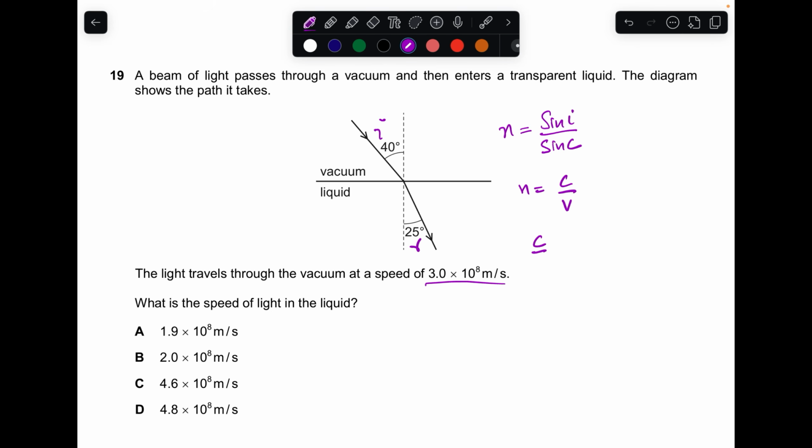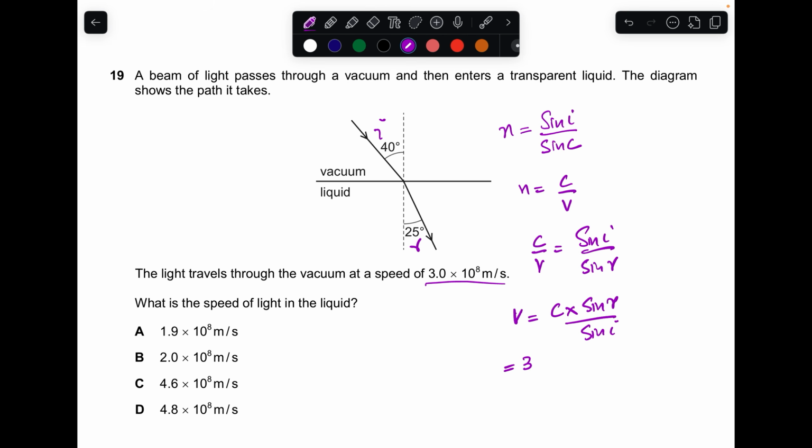So you can write c by v is equal to sine i over sine r. What do we have to find? We have to find v. So v can be written as this thing will go there, this will go there. You are cross multiplying. Okay, so v is equal to c multiplied by sine r divided by sine i.